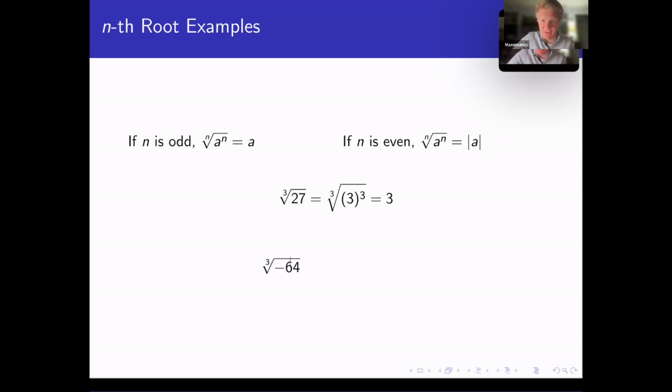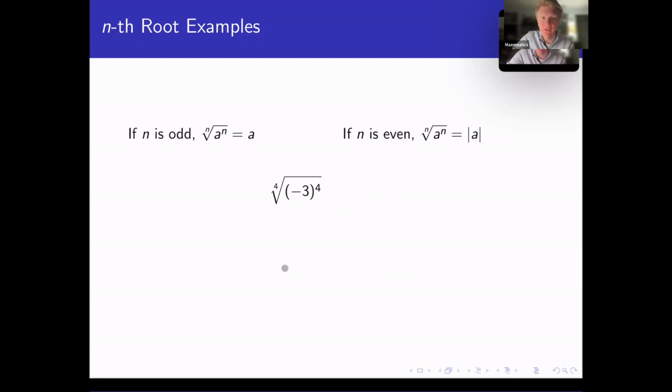Well, negative 64 is negative 4 cubed. So odd root with a matching odd power, the answer is just negative 4, because negative 4 times negative 4 times negative 4 is negative 64. Odd roots are okay to have negative numbers, and it's okay that they produce negative numbers.